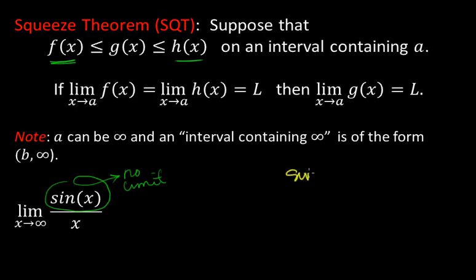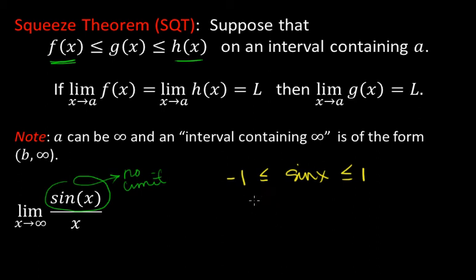But I know that sine x is trapped between the function y equals 1 and the function y equals minus 1 for all x, so certainly on any interval containing infinity.